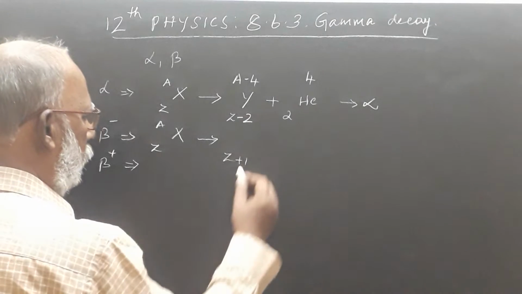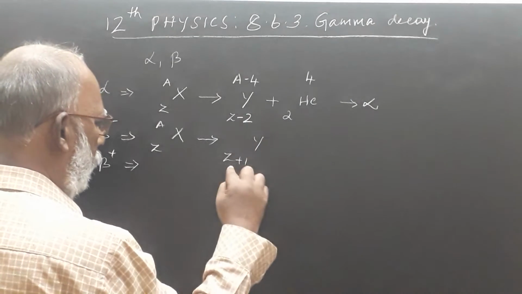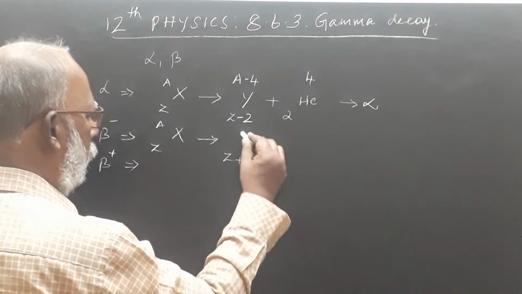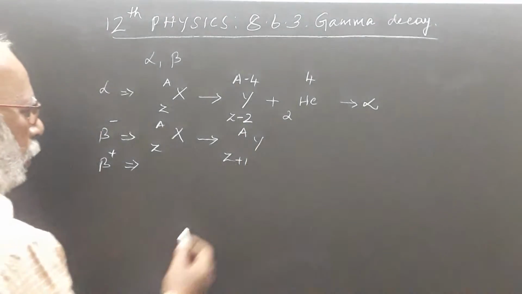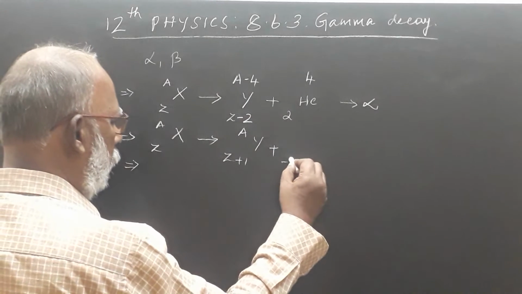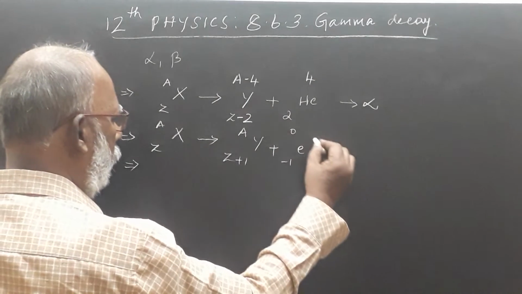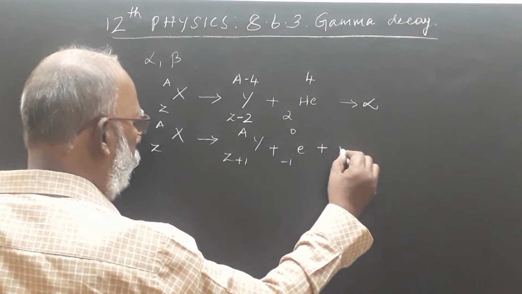That is, the daughter atom's atomic number is increased by one and the atomic mass number remains the same, plus one electron plus antineutrino.